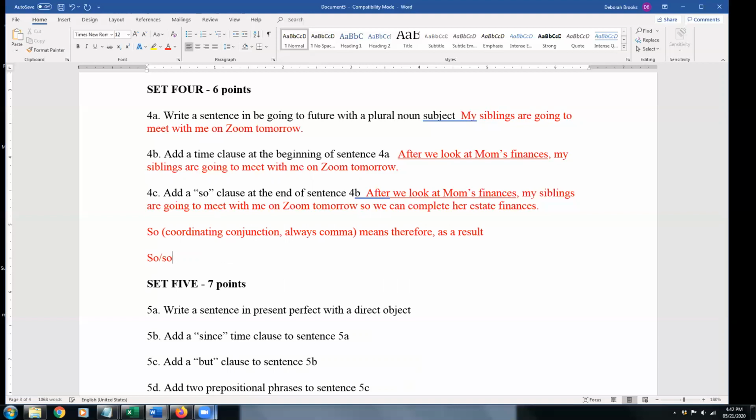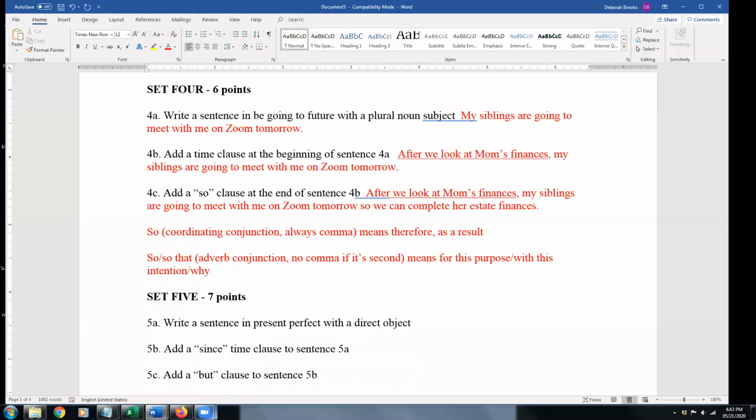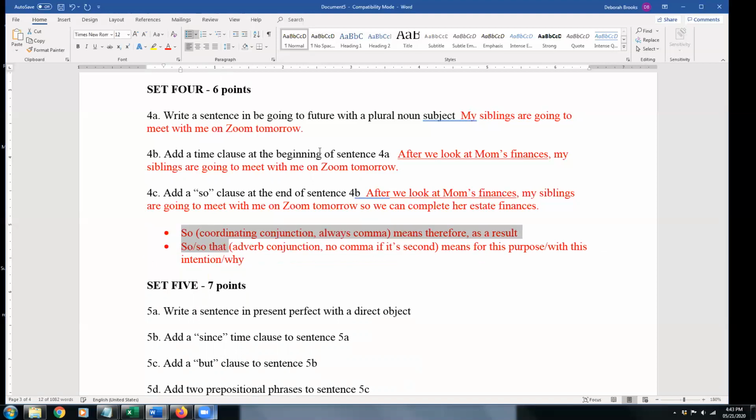So, or so that, an adverb conjunction, no comma if it's second, means for this purpose or with this intention. Why we do it. In this case, this is why we're doing it, so that we can do that. That's the adverb so, and there's no comma. But if you didn't know that, I took no points off. I don't expect you to know that yet.